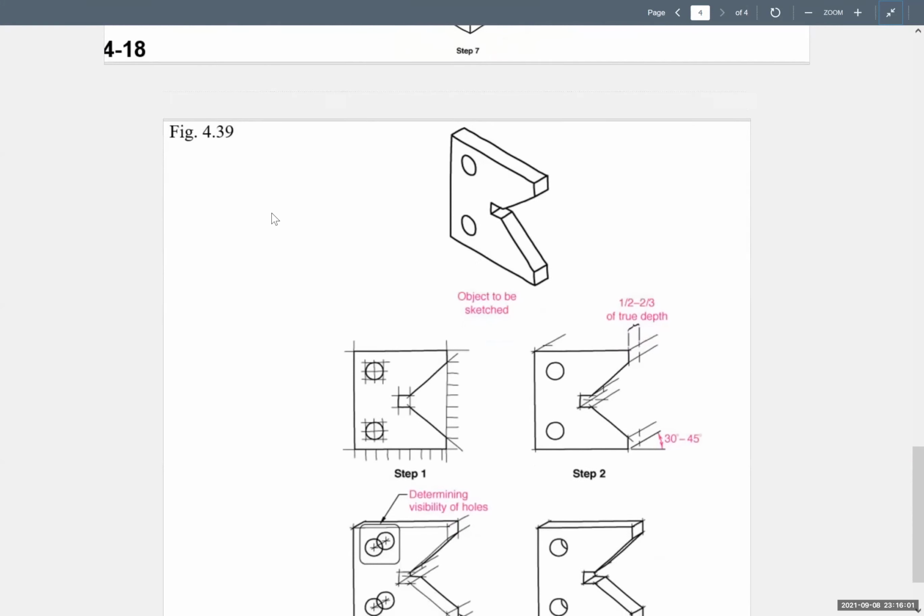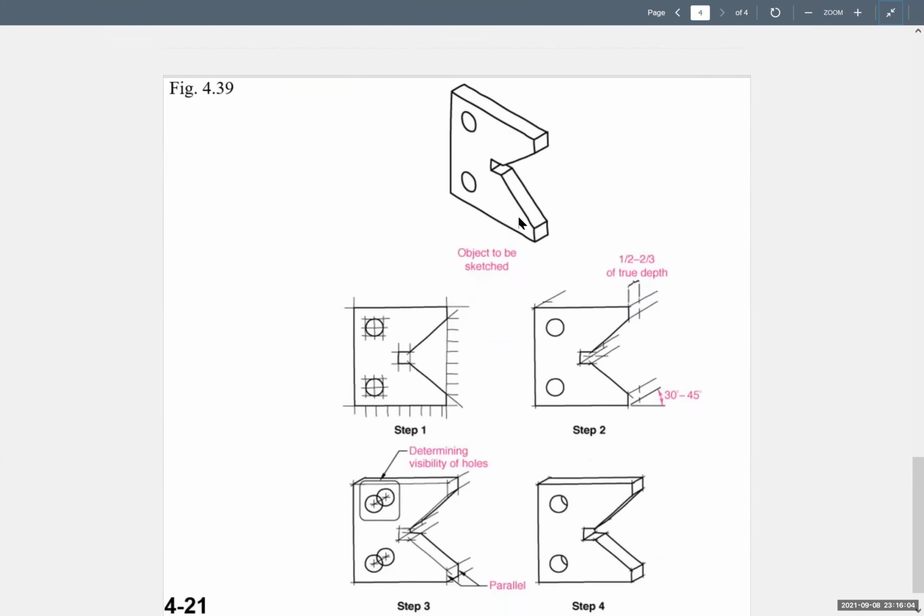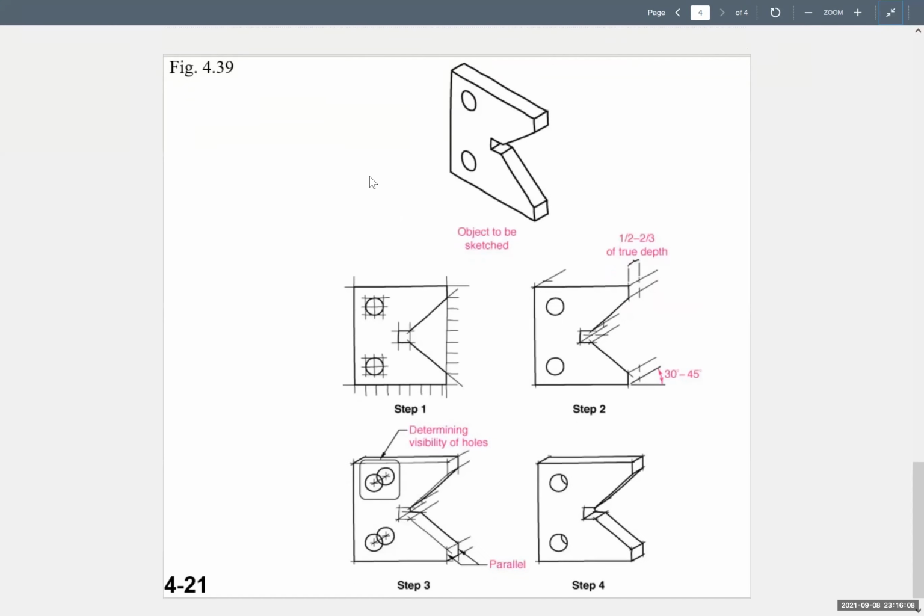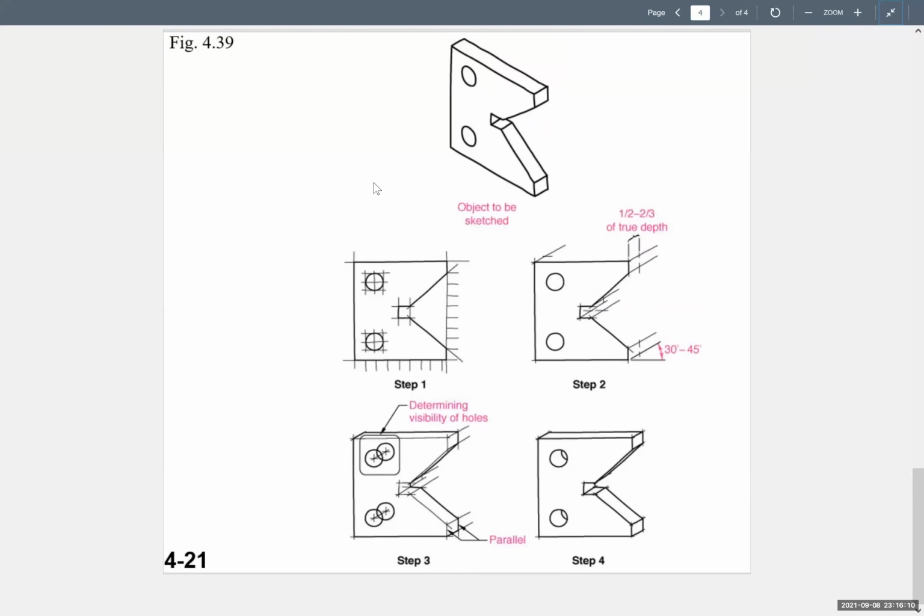Okay, now I'm giving you an isometric drawing, and now I'm producing an oblique. I know that this right here is my front face, and I know what my total width and my total height is of the body.